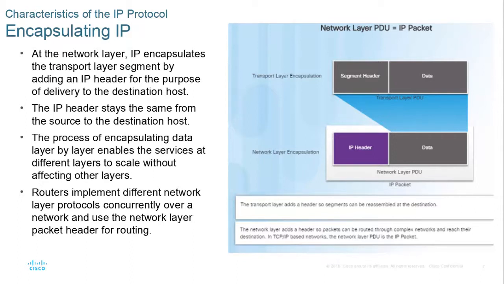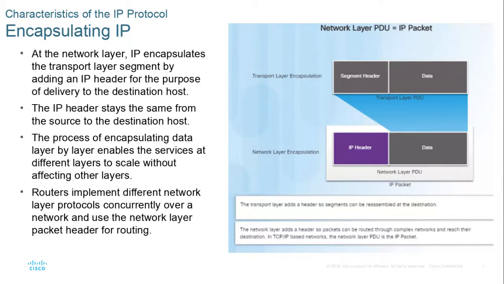So routers will use the network layer packet header for routing. They're going to look at that destination network address, and they're going to look in their routing table and choose what is the best interface I should send this packet out to get it closer to its destination. Very similar in concept to what an Ethernet switch does.